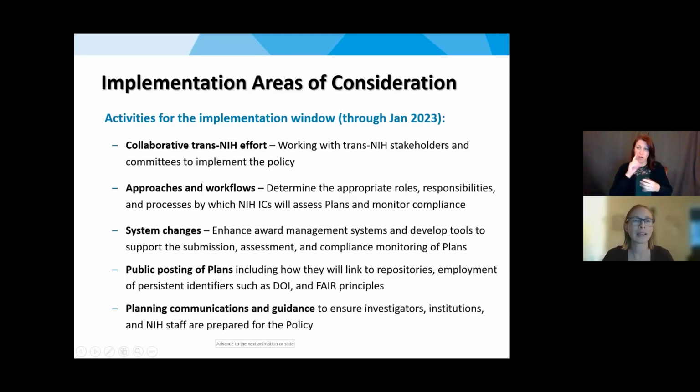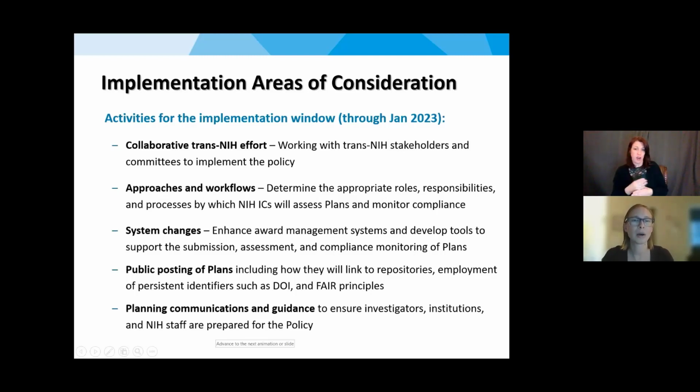In terms of how the plans will be assessed, we're focusing on determining the appropriate roles, responsibilities, and processes by which NIH institutes and centers will assess plans. In terms of monitoring for compliance, we are working to determine what information and tools are needed to help ensure that awardees adhere to the plans that were approved and that the community has access to any data that should have been shared.